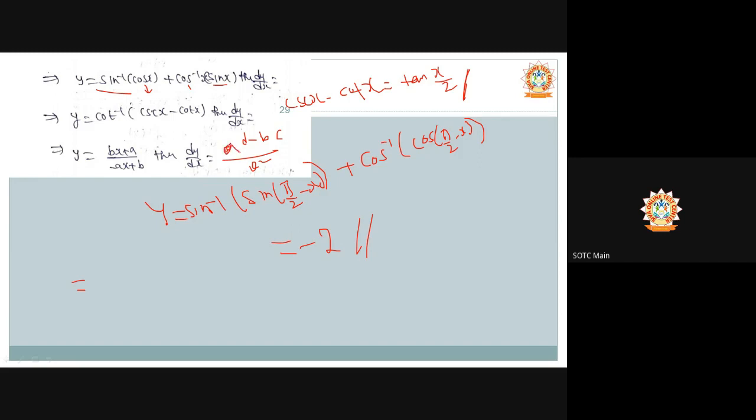Here instead of a there is b, and b plus a. So what will become here: b into b becomes b square, minus a into minus a becomes minus a square, that is plus a square divided by minus ax plus b whole square. Clear? ad minus bc.